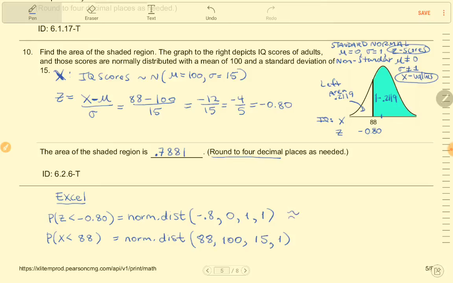Now I'm going to go over to Excel and get these answers and show you how sometimes they'll be exactly the same or almost exactly the same, and sometimes the z-score one will be a little different than the one found using technology, because the one found using technology doesn't have round off error.